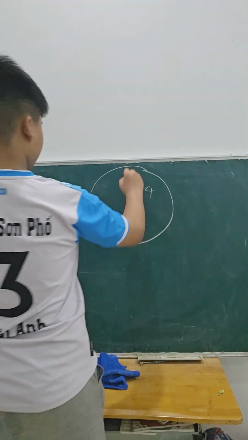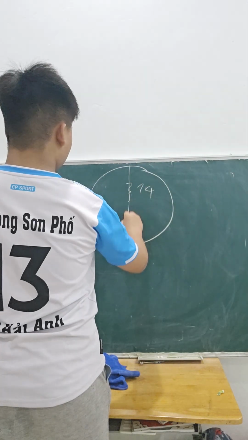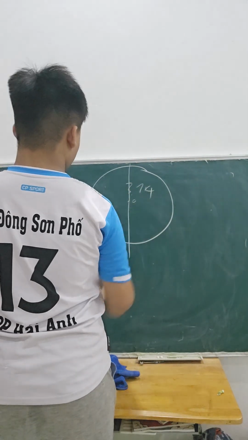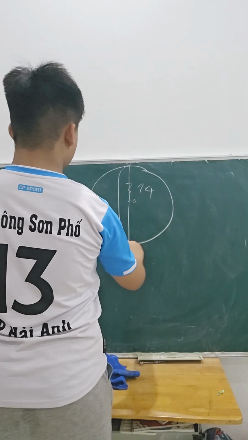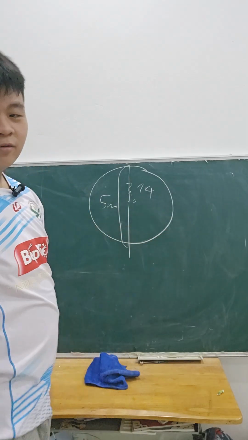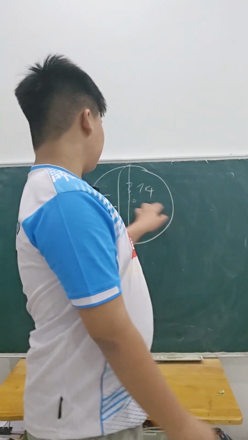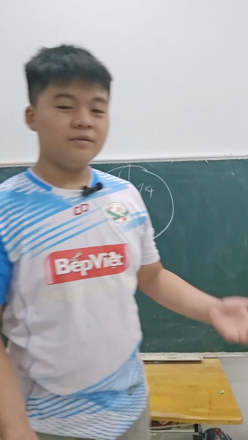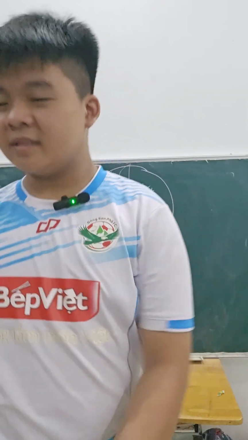So first you need to make a little line. Name it O, and let's say it's 5 meters long. Because it's an equal circle, it's also 5 meters long here. So you take 5 and multiply it by itself, and you get the square area of a circle.